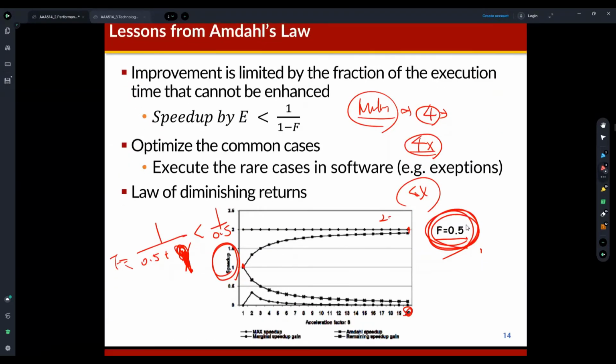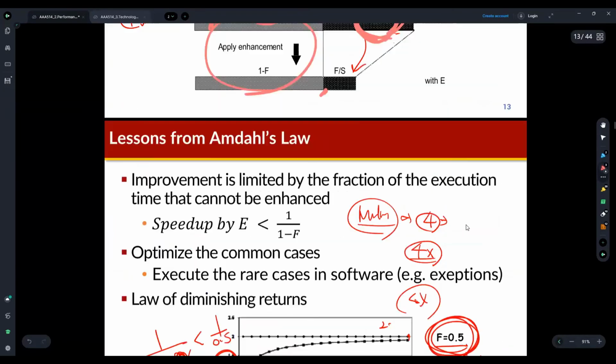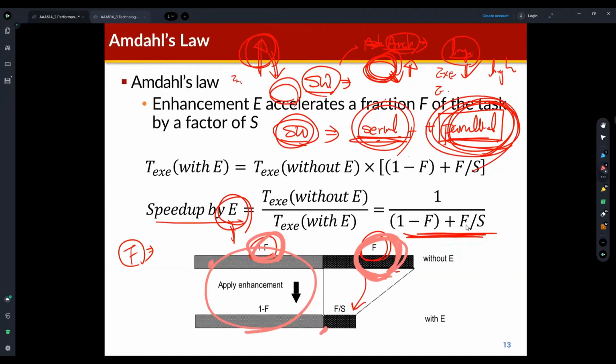Actually, Amdahl is the name of the researcher, and Amdahl's law focused on the multi-core architecture. So which means the software, the application, can be split into a serial part. This part cannot be enhanced by multi-core architecture.